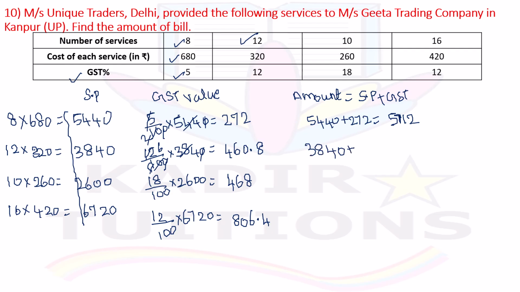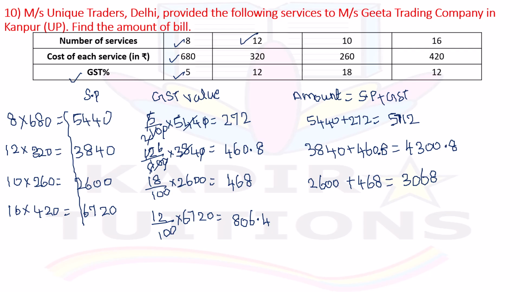And the next one is 3,840 plus 460.8. So if we add up, we will get 4,300.8. And here the third item, 2,600 plus 468, which is equal to 3,068.